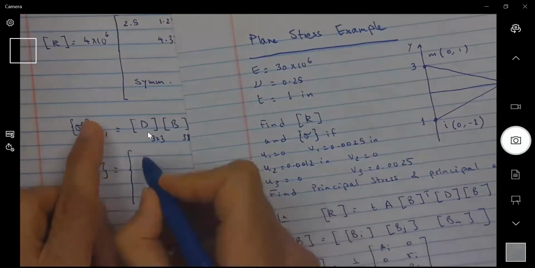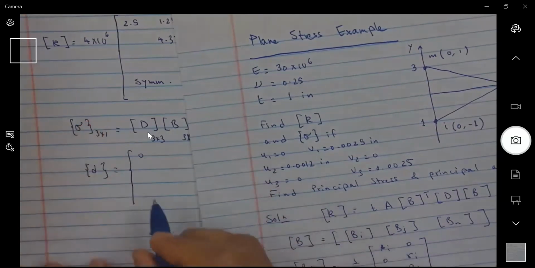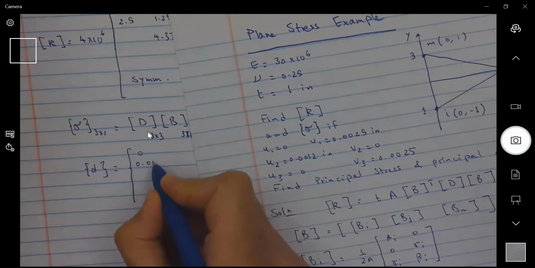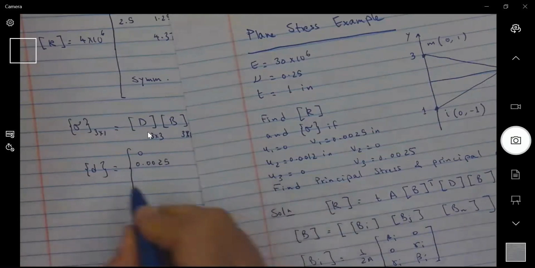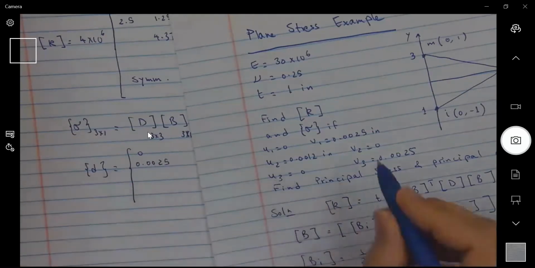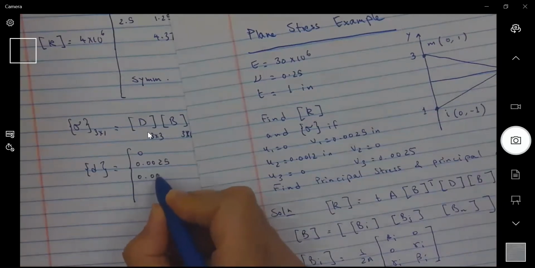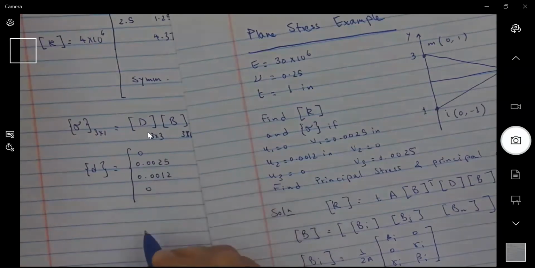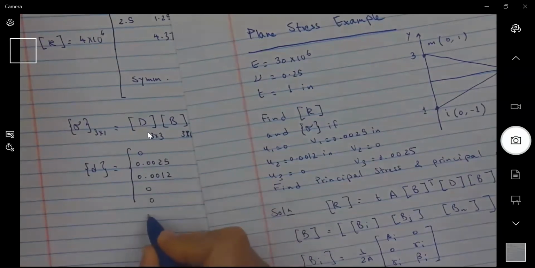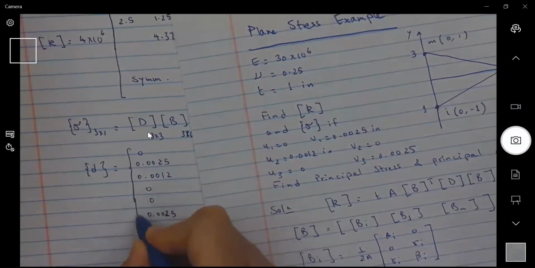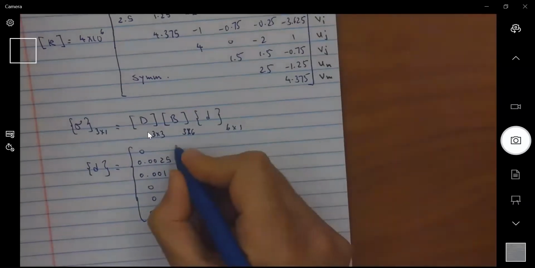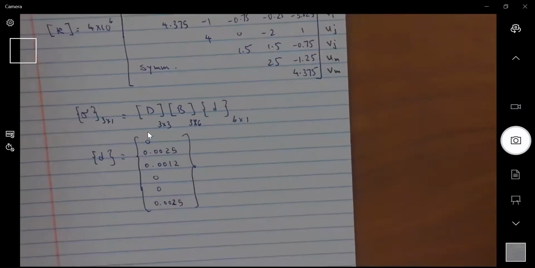So I have U1 is 0, V1 is 0.0025, U2, which corresponds to J, by the way, is 0.0012, V2 is 0, U3 is 0, and V3 is 0.0025. So this is d.